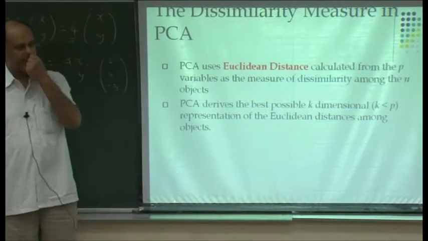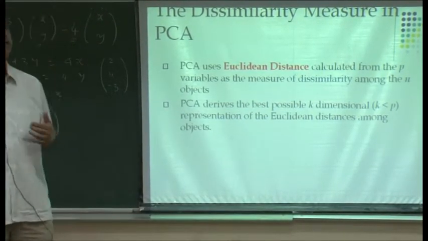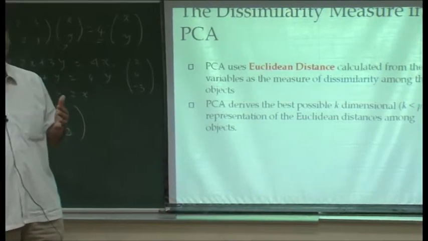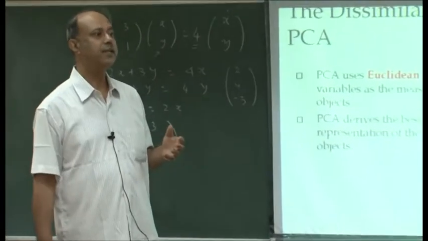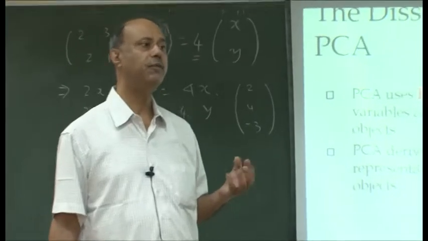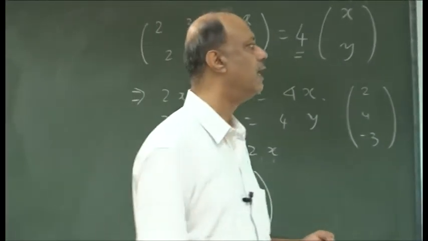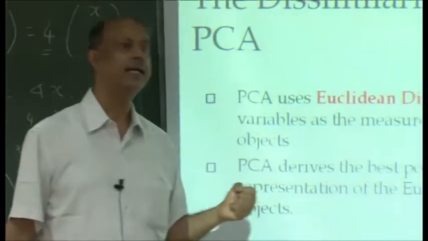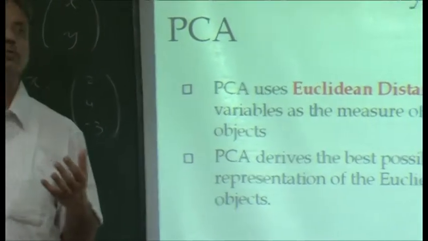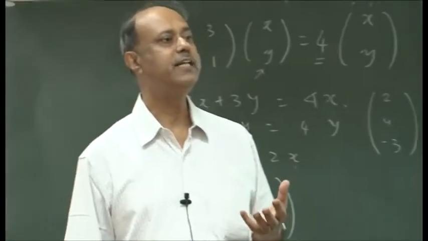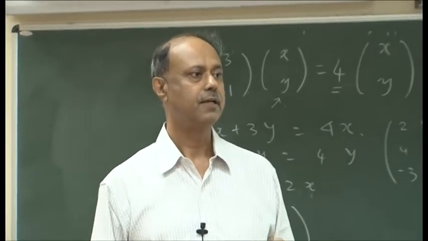Suppose you assume it's p dimensions, and you observe that not all p dimensions matter; in some cases you find them very closely similar. You do not have to consider those, but you have to select in such a way that the total dissimilarity value should be near 100, right?